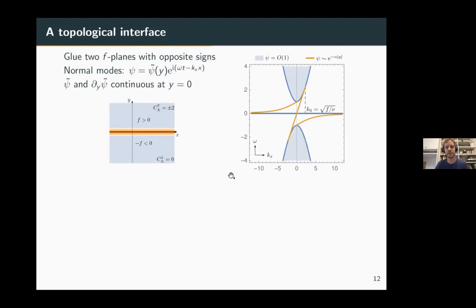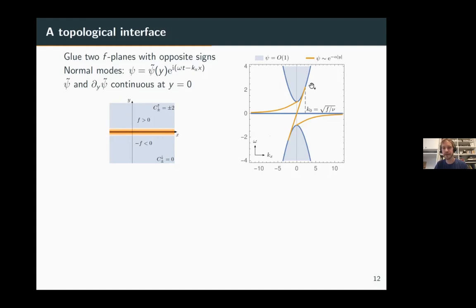So this is the spectrum of the problem. You have kx, momentum along x, which is a conserved quantity, and omega, which is still the frequency. So you have two colors here. The blue regions are the reminiscence of the bulk bands, namely the solutions corresponding to these blue regions are completely delocalized everywhere in this plane.